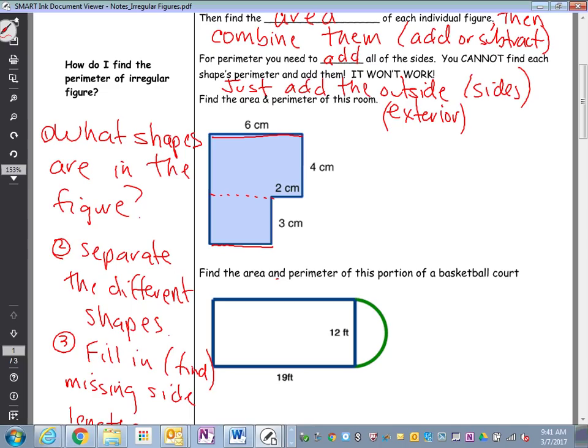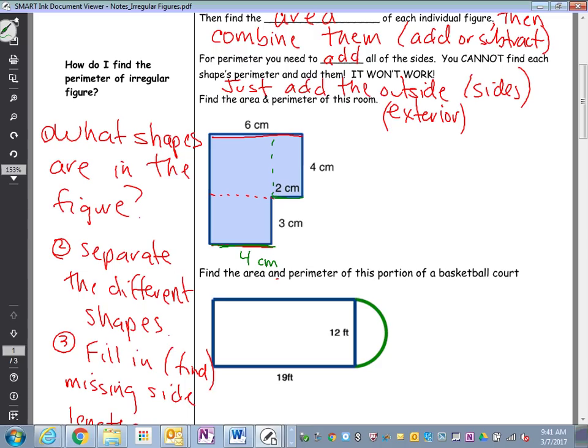It goes what? Stops right there, right? So if the whole thing is 6 and this part right here is 2, what do we think that side, this part would be? 4. Okay? 4. So let's fill that in.